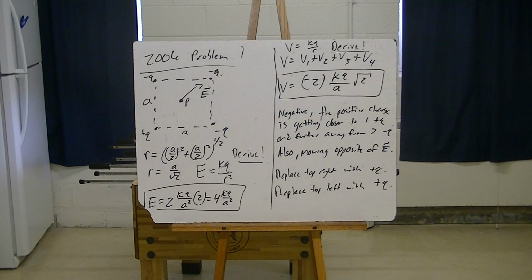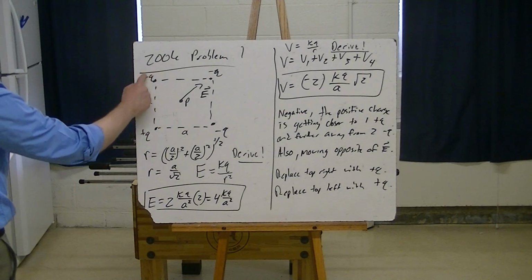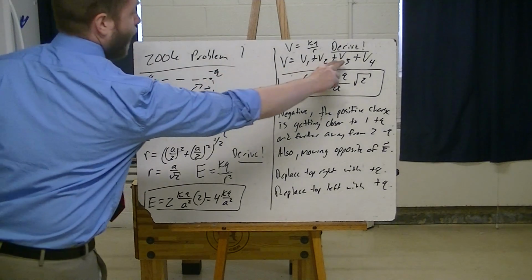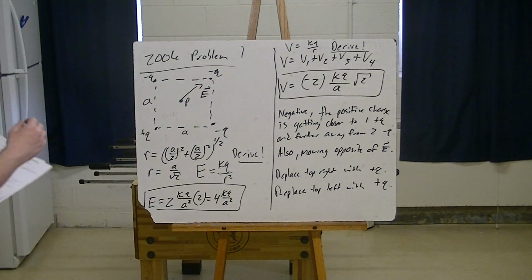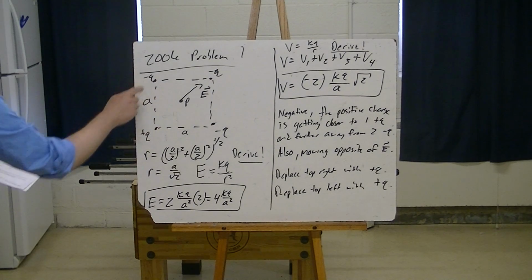Next one, describe one way to replace a single charge in this configuration such that the electric potential at the center of the square is 0, but the electric field is not 0, okay? A little bit of thought process here. In order to have the electric potential be equal to 0, that means I need to have 2 positives and 2 negatives, okay? So one of the negatives has to change.